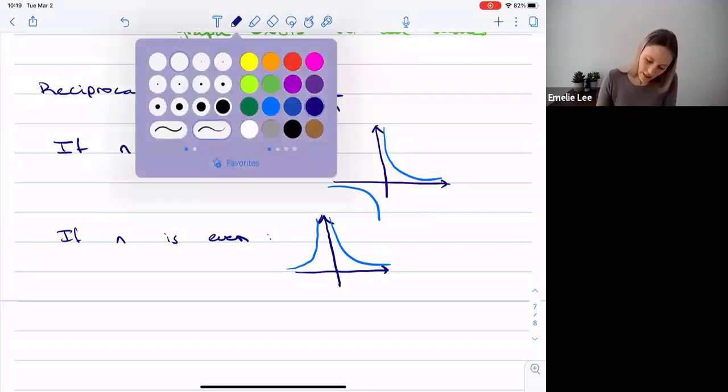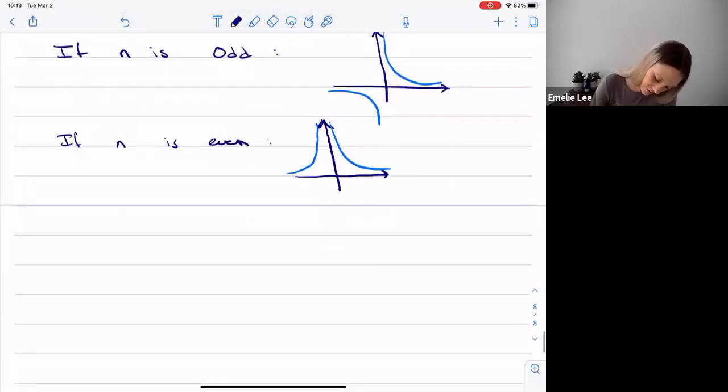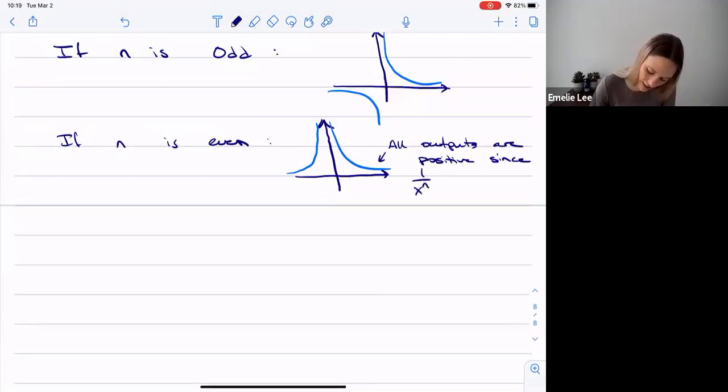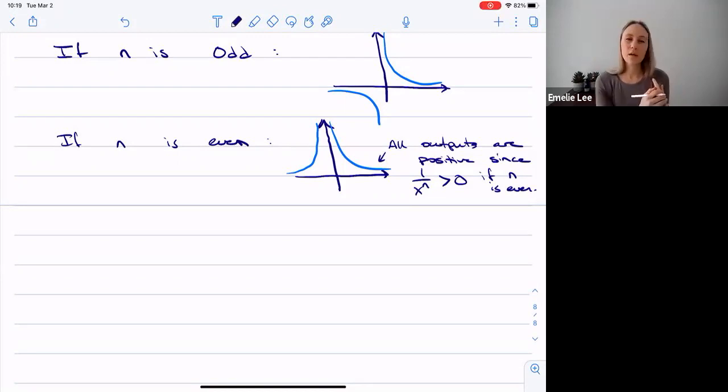And just thinking about it, all outputs are positive since 1 over x to the n is greater than 0 if n is even, right? If I raise something to an even power, x squared, for example, is only going to give me positive values, right? And so that's what's going on here.